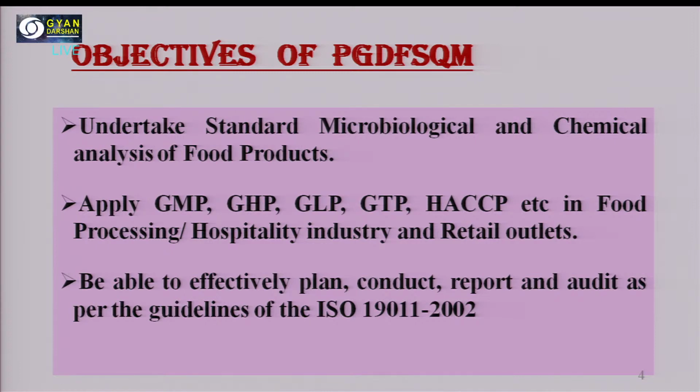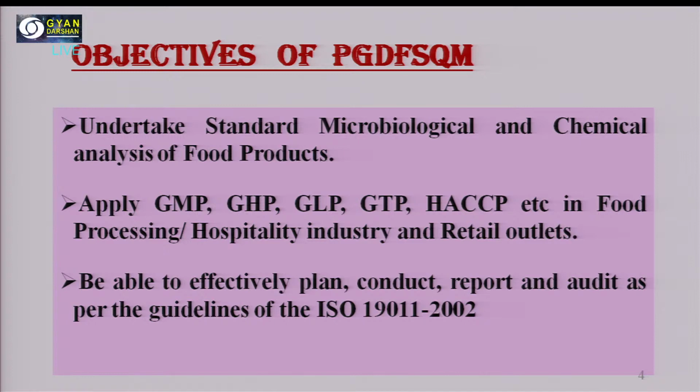All these good practices you will be able to apply after going through this PG diploma program. You will also be able to effectively plan, conduct, report and audit any food safety and quality management in food processing, food production, food retailing, meaning food establishment, as per the guidelines of the ISO standard, that is 19011.